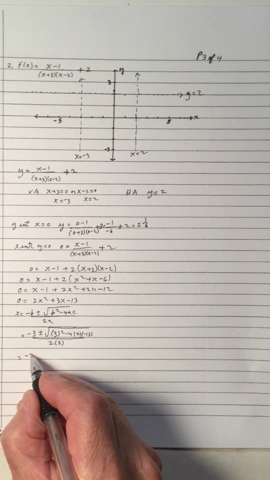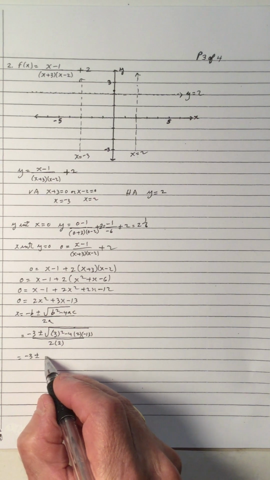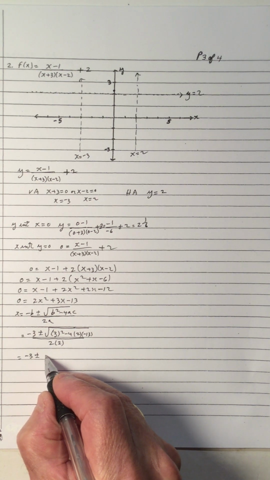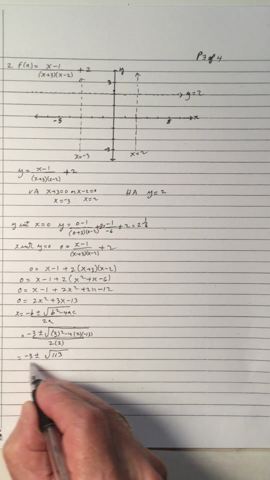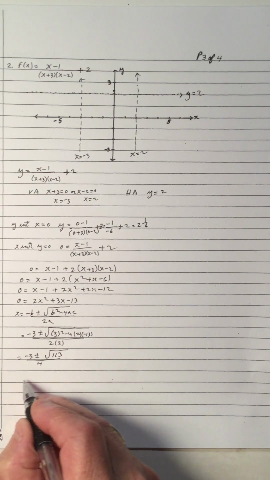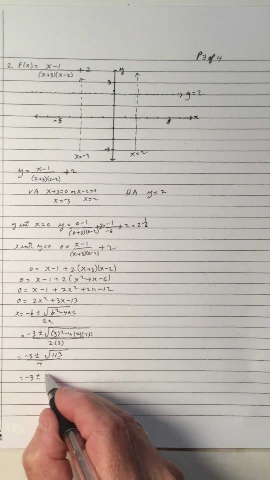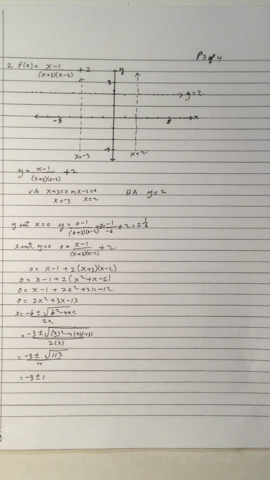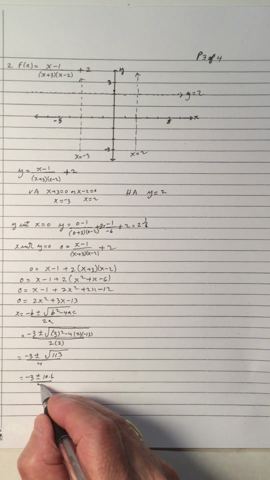So that gives us negative 3. And if you take a calculator and work all that out, that works out to be 113 all over 4. So 113, let's do an approximation. The square root of 113 is 10.6, divided by 4.